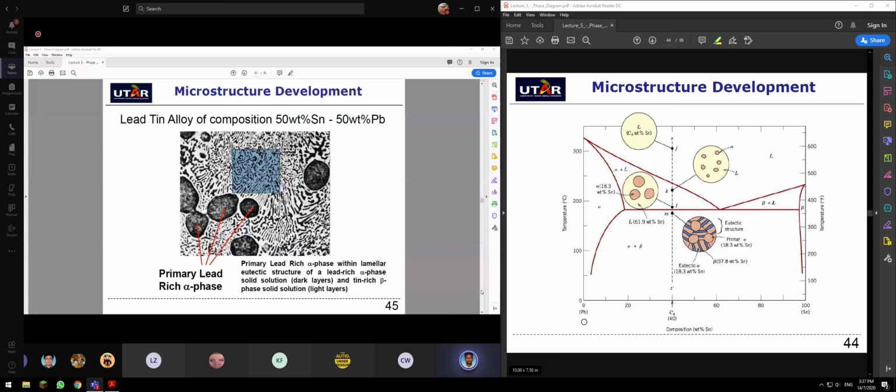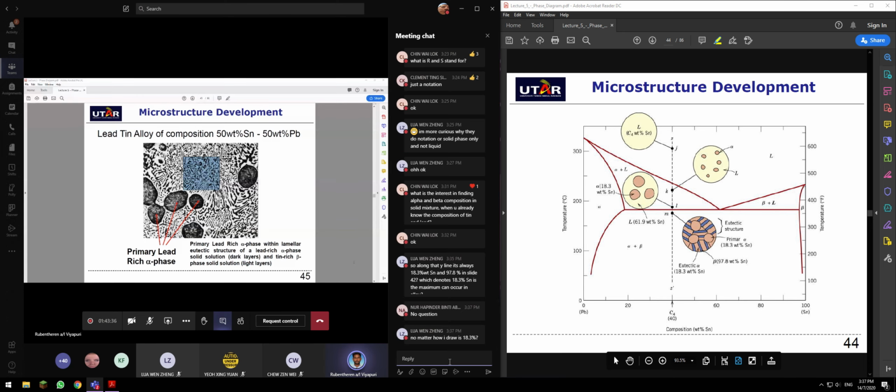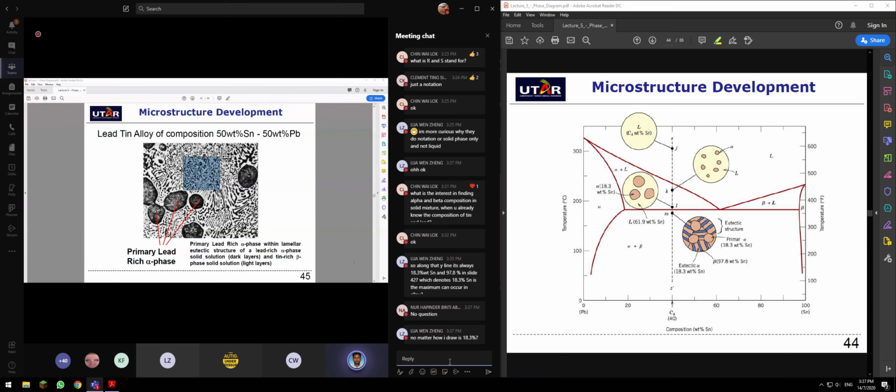Hello? Okay, good. Yes. No matter how you draw, it is still 18.3. That is the property of the phase diagram.